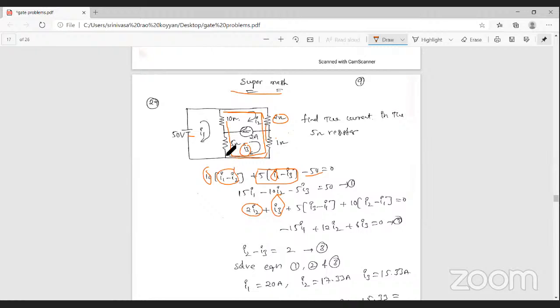Next the current is in the 5 ohm resistance, so either it is I3 current, but quite opposite I1 current is entering, that is I3 minus I1 into resistance value 5, plus I2 current minus I1 is equal to 0. That is equation number 2. That is equation number 1 and 2.